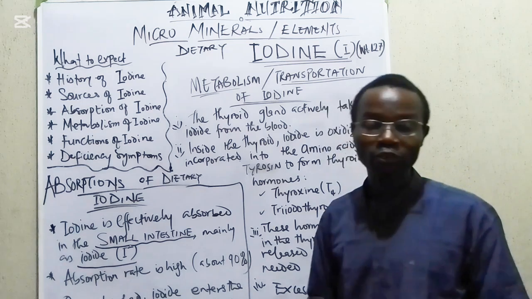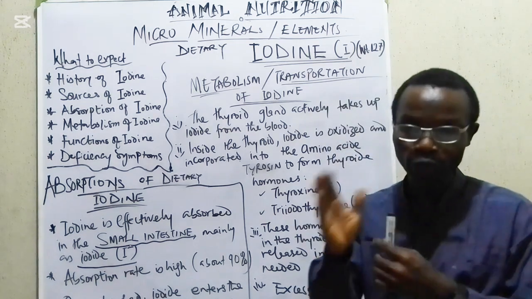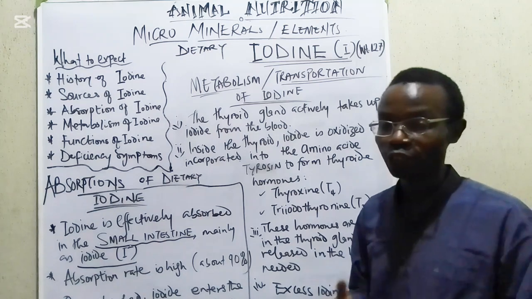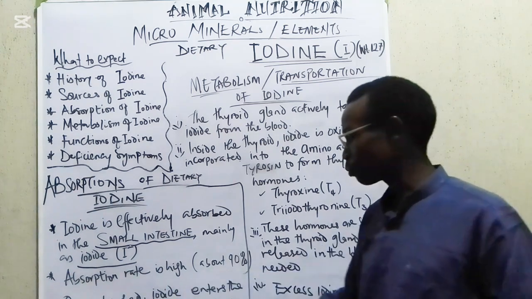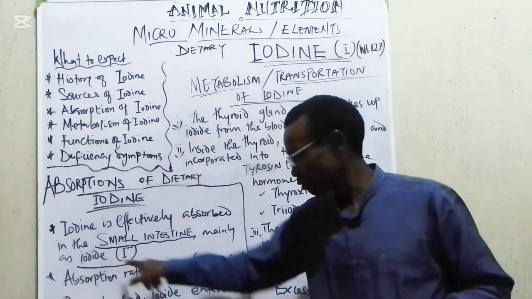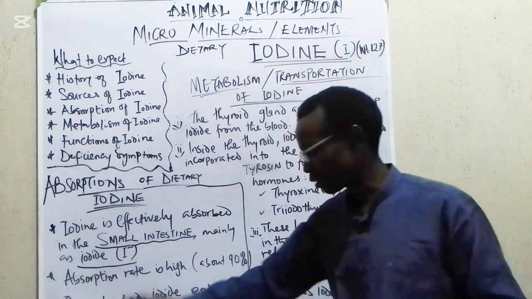Now, when something gets into the blood, you already know the function of the blood. It is what? To transport. And sometimes you begin to see them taken to sites where they'll be useful. So once absorbed, the iodide form enters into the bloodstream and is transported to where? The thyroid gland.